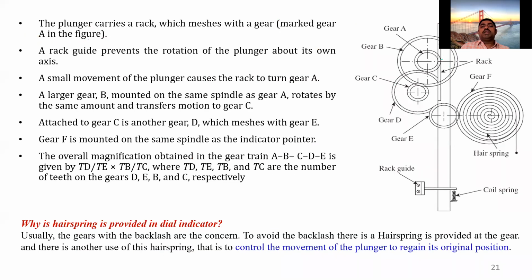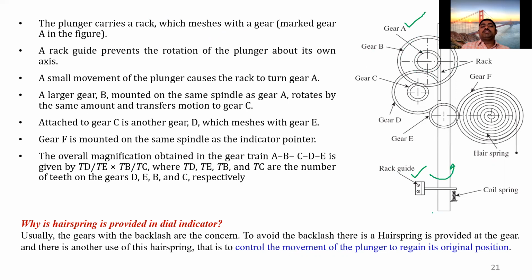Here the plunger carries a rack which is meshing with gear A, and on the gear A shaft, gear B is also mounted. There is a rack guide which prevents the rotation of the plunger about its own axis.